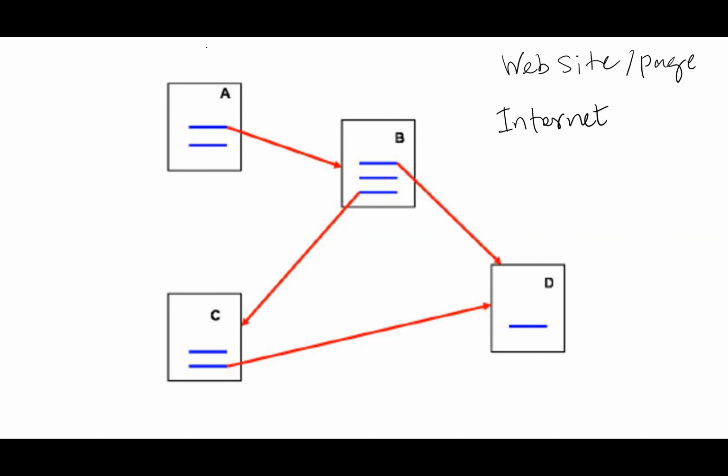Suppose this is your personal site, okay? And then in your personal site, you have a link to your LinkedIn. So this is LinkedIn, say, okay? And suppose LinkedIn has a link to Microsoft Office or something like that, okay?